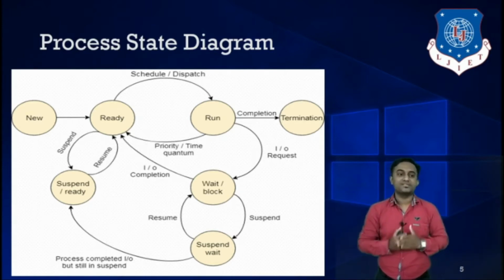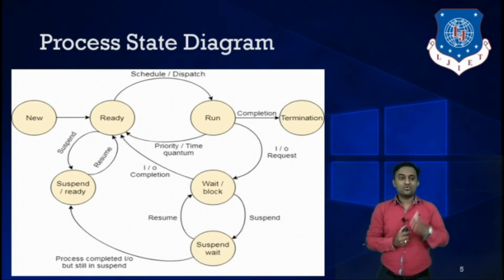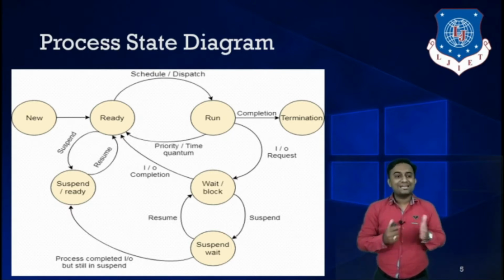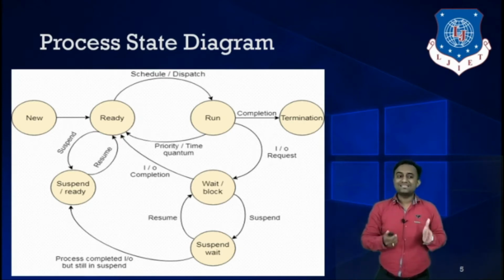transition between states. As I told you earlier in the previous slide, a state diagram is composed of a set of states and transitions between states. So now we can easily see that in this figure, the circles represent states and arrows represent transitions between states.